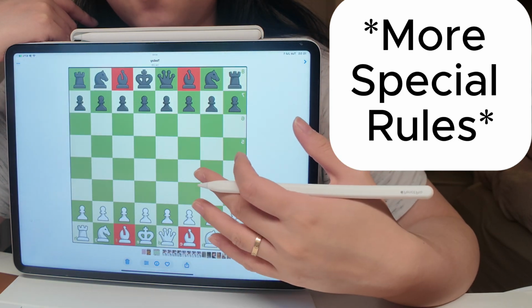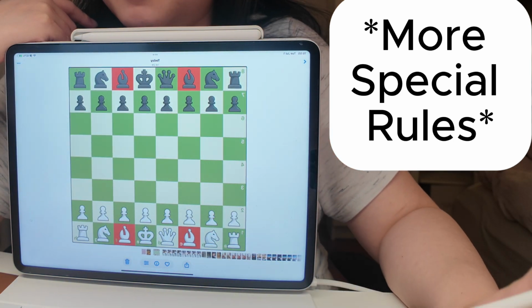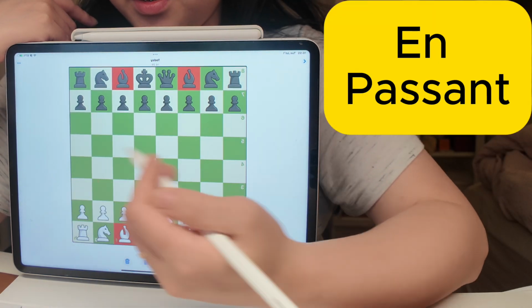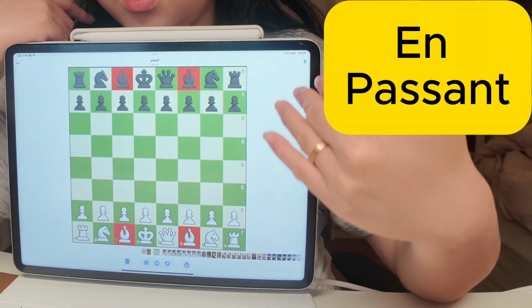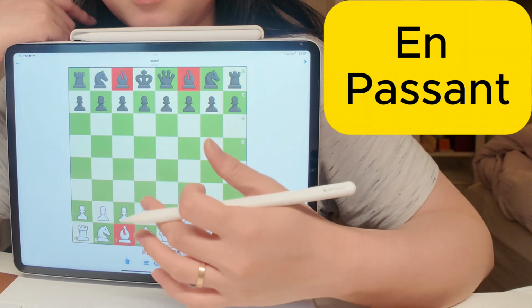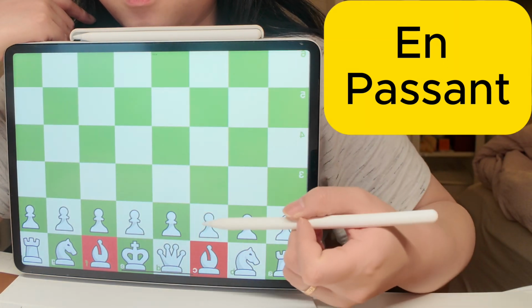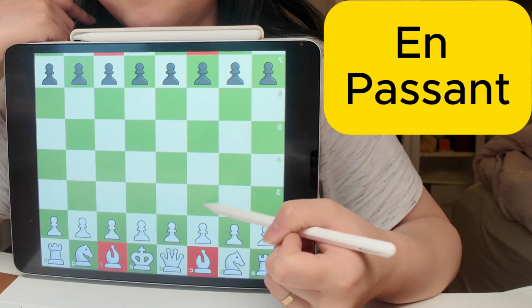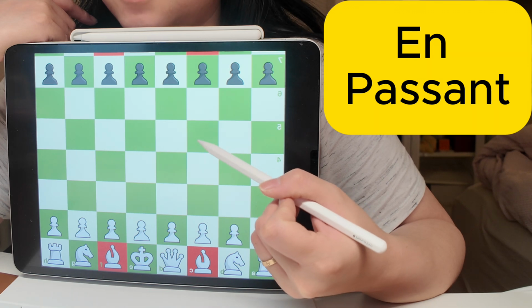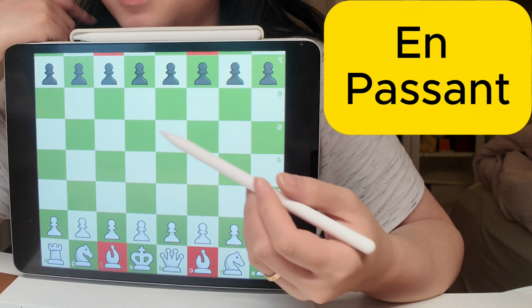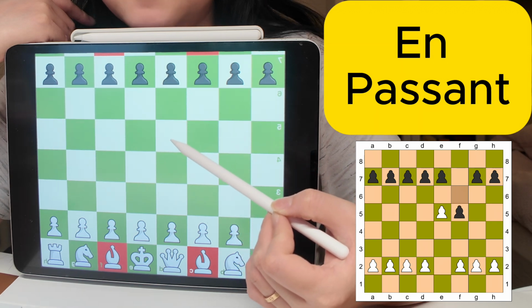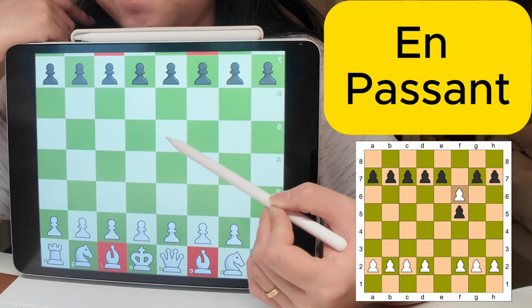The second of the weird special rules is en passant. I'll put the pronunciation of the words somewhere right here. En passant is when one of the pawns, let's say this one of mine is right here, and this other one, since it's its first move, can go up two squares, so it goes right here, right next to me.